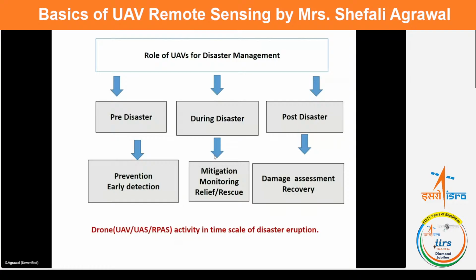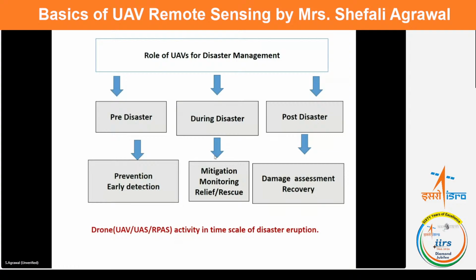Drones are very, very effective in case of disasters, because in all phases of disasters, drones have a very significant role to play. They are used in pre-disaster so that they can prepare a good high-resolution database, and that can be used for early detection during the disasters for mitigation, monitoring, and relief and rescue operations, which we have seen in Uttarakhand last year in various areas.